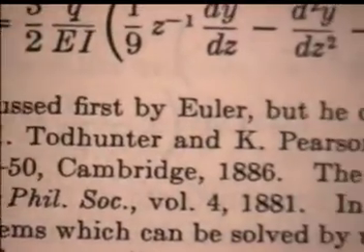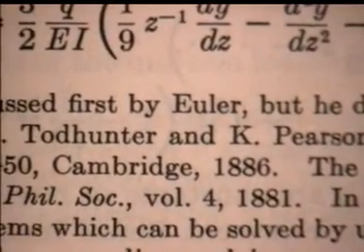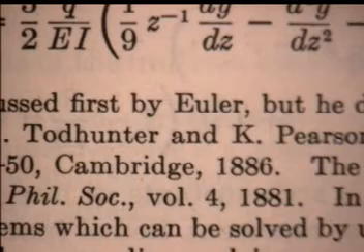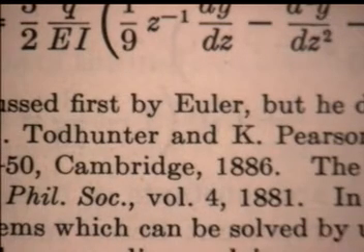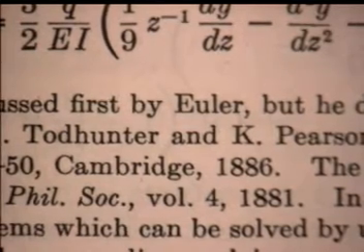Todhunter and Pearson. Maybe we will ask Miss Santoro to get this, because she already got this book once, so she at least knows where this book is located physically in the library. Maybe she just enters and without checking the call number just knows where exactly the book is.